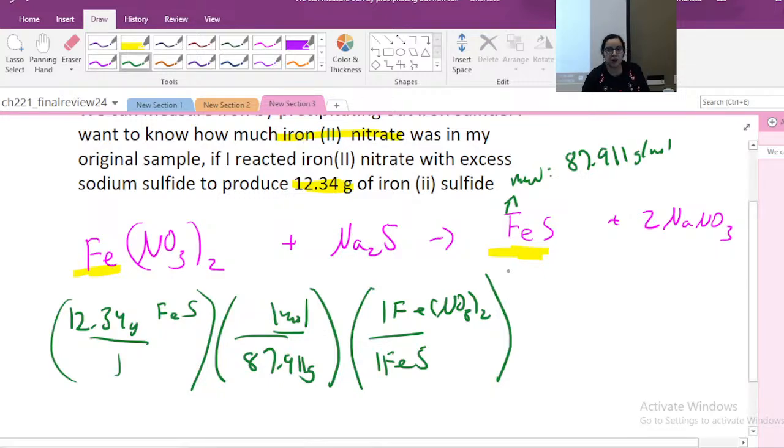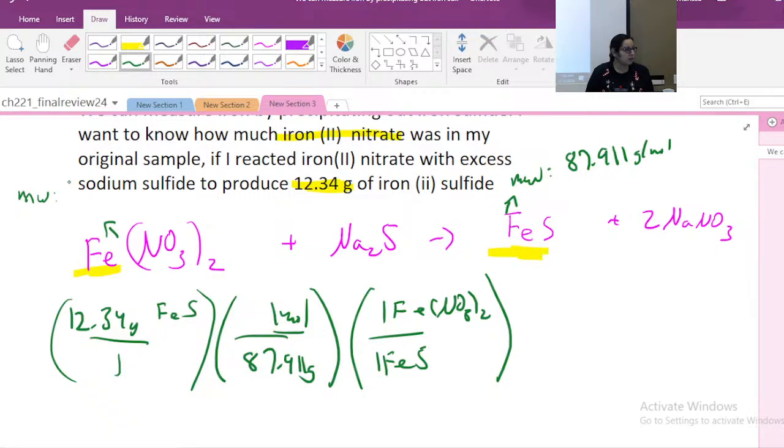What's our last molecular weight that we need, really? That would be the iron nitrate, right? Yep, so right now we've got to add up the molecular weight of iron nitrate. What do people get for that one? Watching the chat too.